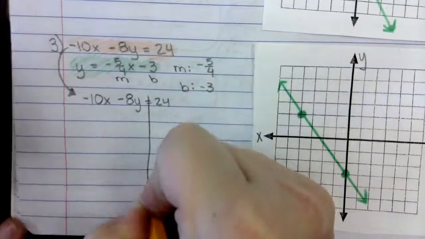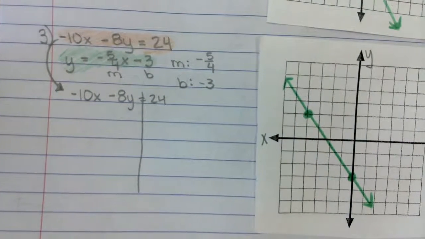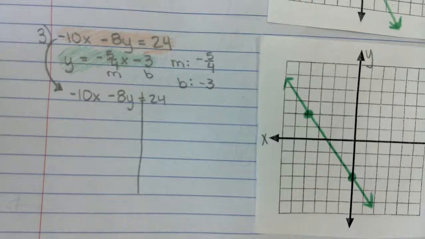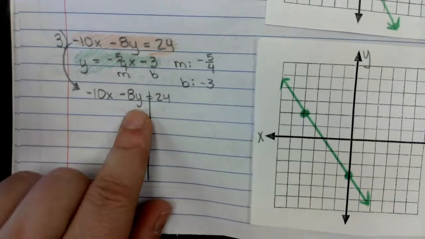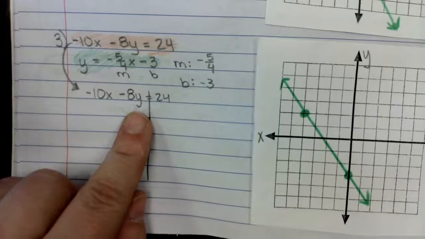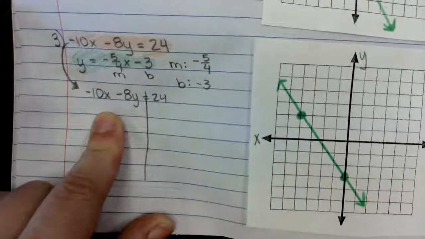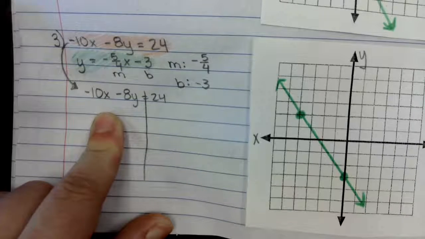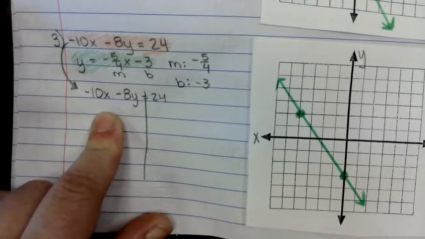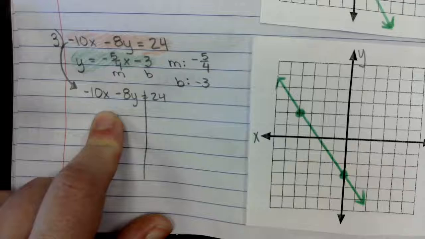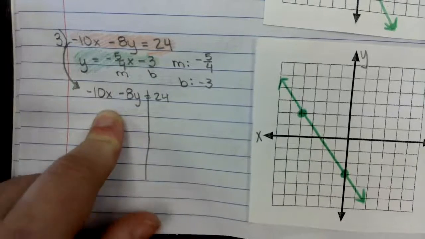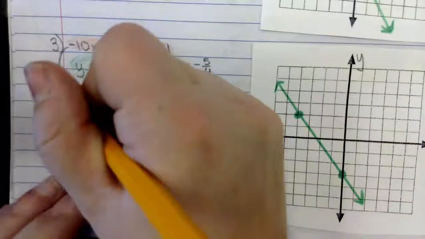Y. That's our goal, to get y by itself. To get y by itself, are we going to undo the negative 8 first or the negative 10x? Good, the negative 10x. And how would we undo a negative 10x? Good, plus 10x. We do it on one side, and the other.